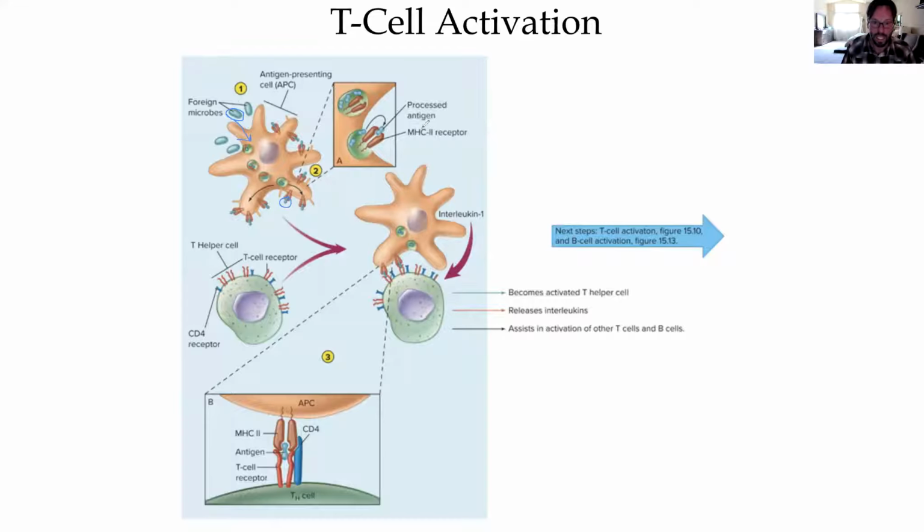The cell is going to secrete IL-1, and then now all of a sudden you have the helper T cell come, and it uses its what receptors? You guys remember? It's antigen receptors, right? To detect that antigen. What's the other receptor? What's the blue one?